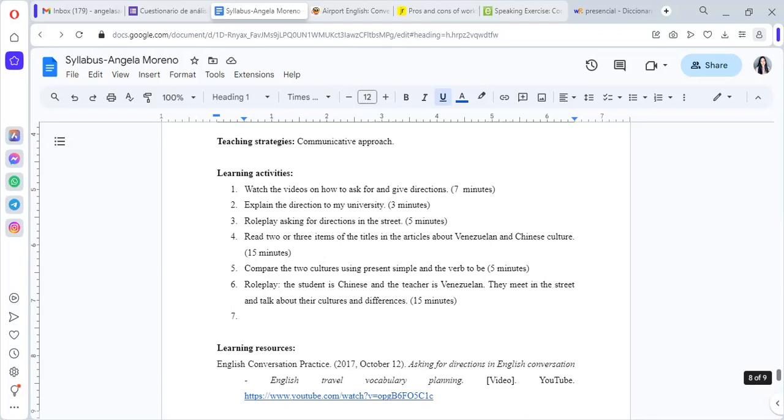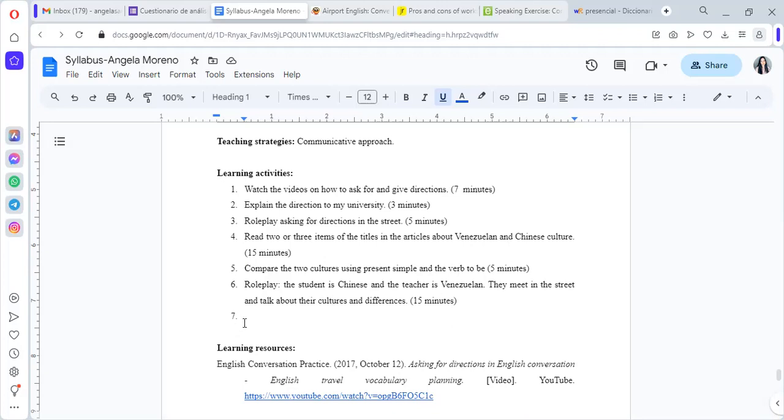Then he's going to read 2 or 3 of the titles in these articles about Venezuelan and Chinese culture in 15 minutes. Number 5, he's going to compare the two cultures after reading these articles, using the present simple and the verb to be, which will last 5 minutes.